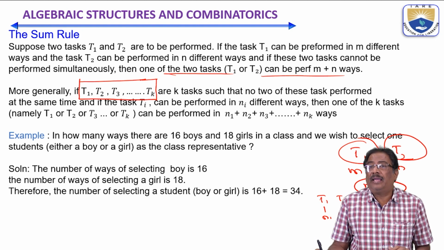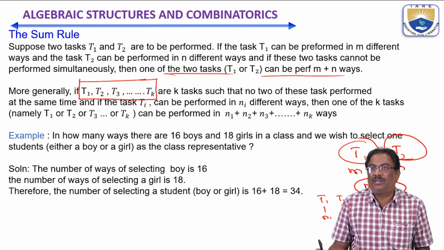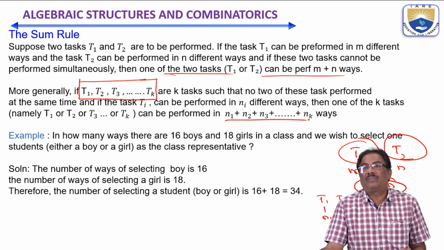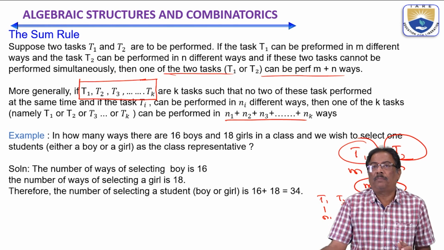Then any one of these tasks, either T1 or T2 or T3 and so on up to Tk, can be performed in n1 plus n2 plus n3 and so on plus nk ways. So this is known as the sum rule.